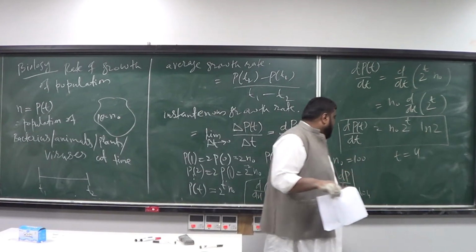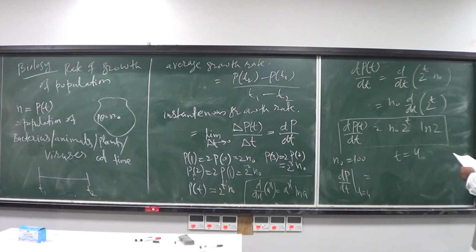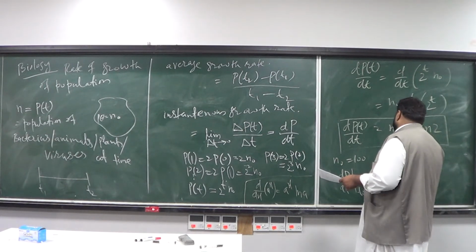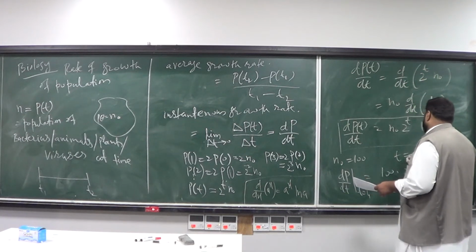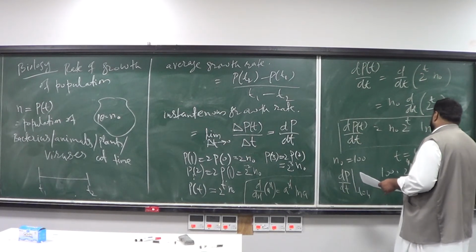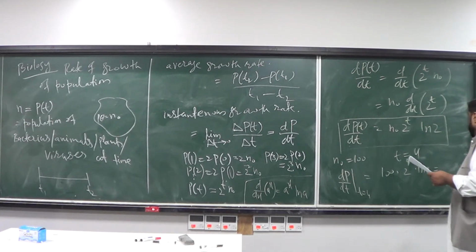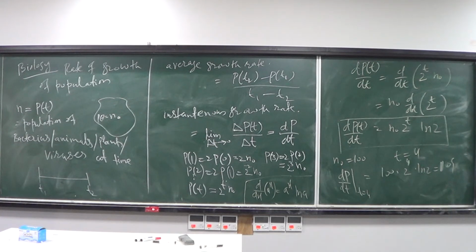So I'm interested in at what rate the growth would change at t equal to 4. So you need to substitute 100 times 2 raised to 4 times log 2. The number that comes out is 1109. Now what is the interpretation of this?